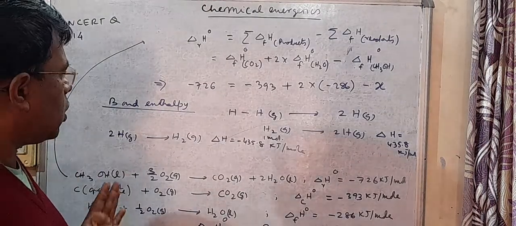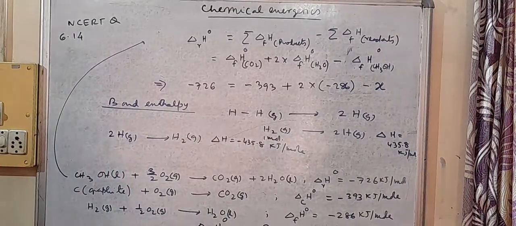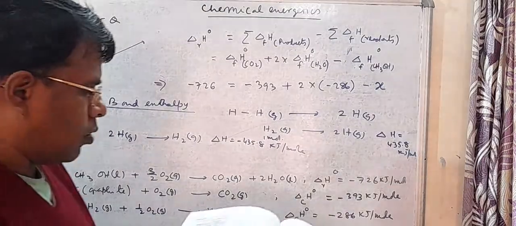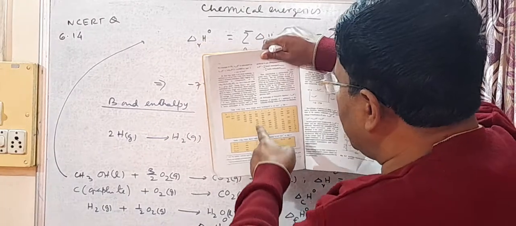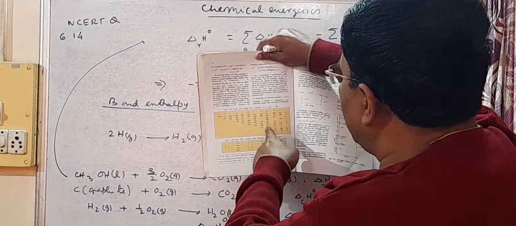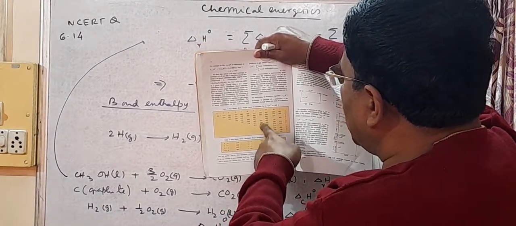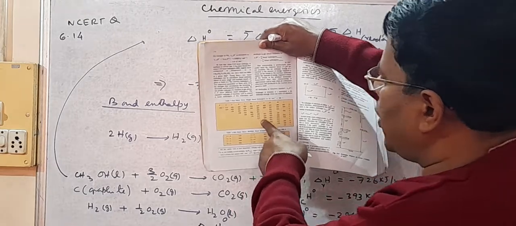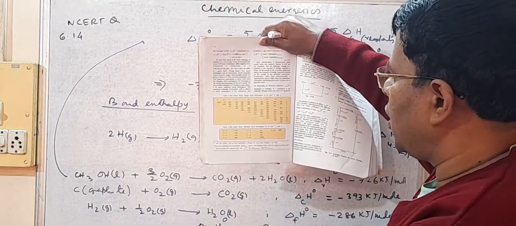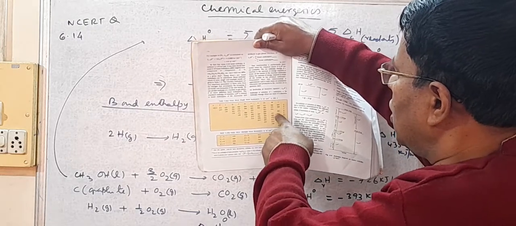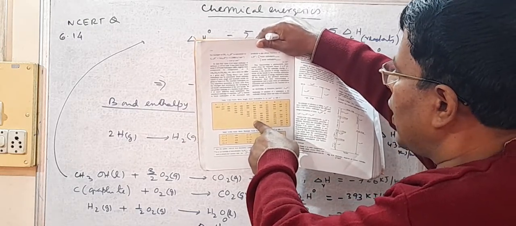So now you see in your book there is a table, and bond enthalpy of various bonds are given. You should know how to read this value.